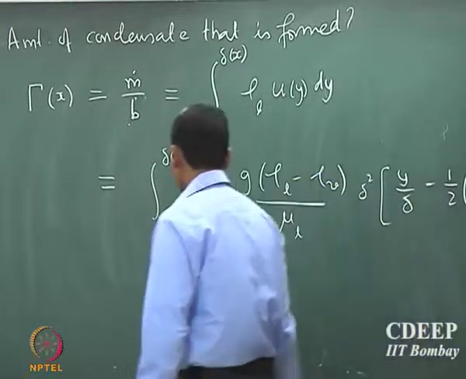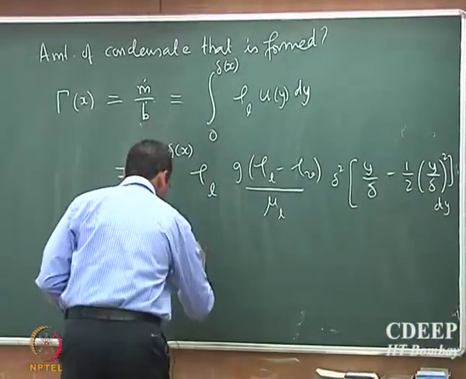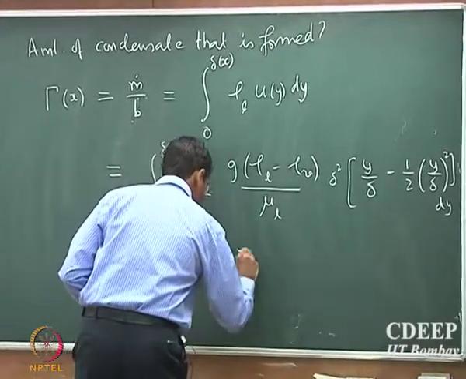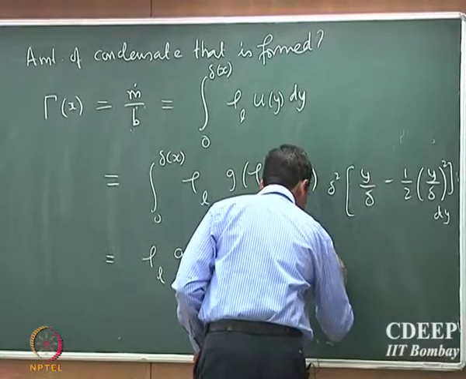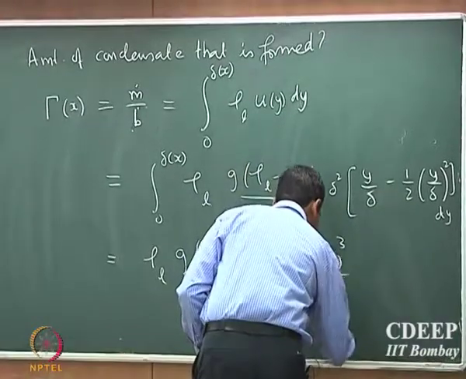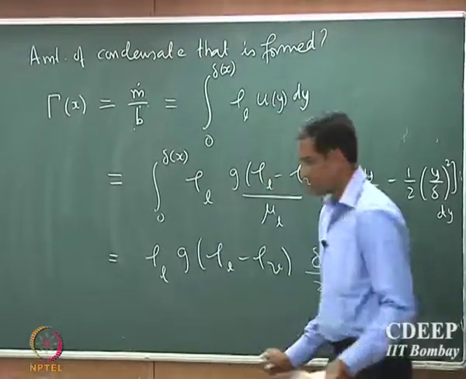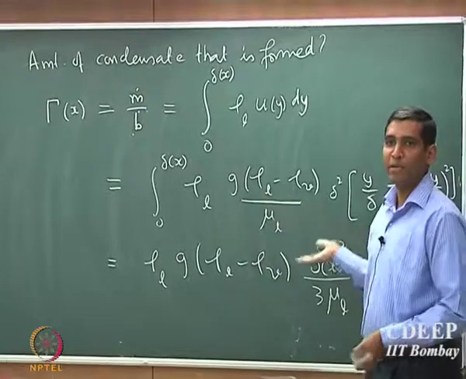We can integrate this expression. That will turn out to be rho L into g rho V multiplied by delta x cubed divided by 3 times mu L. All I have done is integrate between 0 and delta.